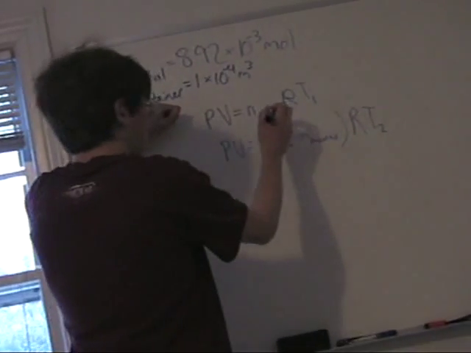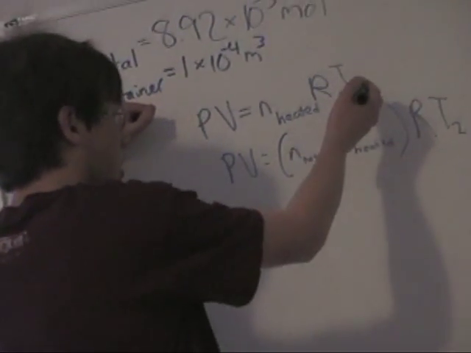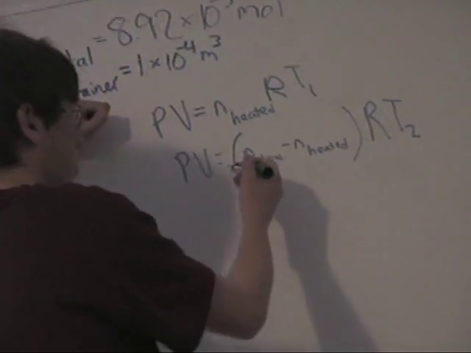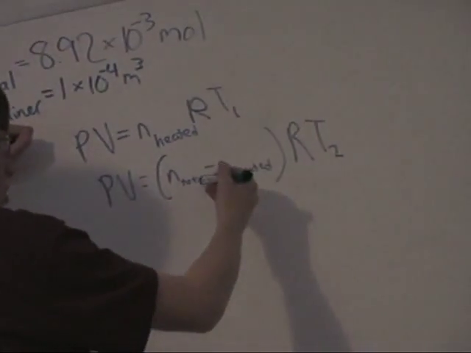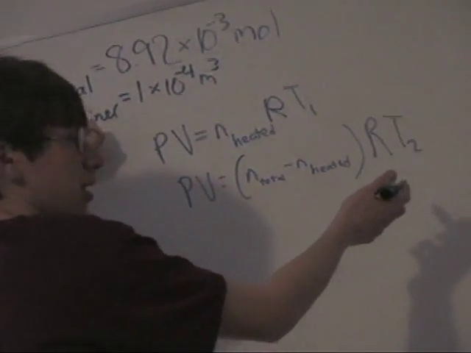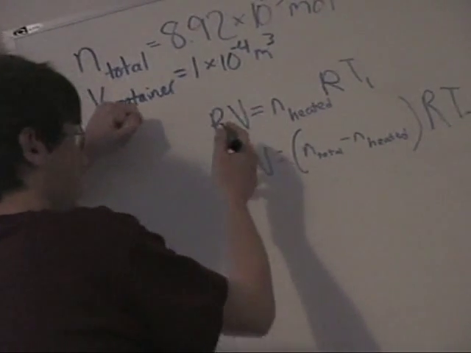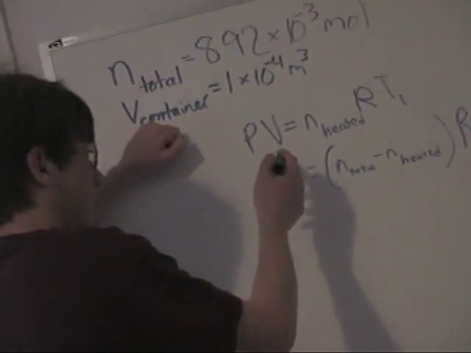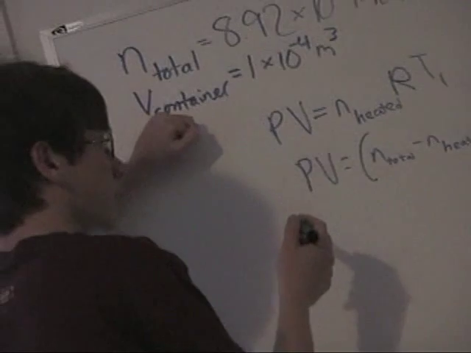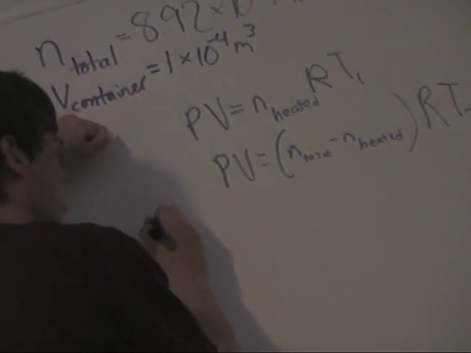Since PV equals N heated RT1, and PV equals N total minus N heated times RT2, and PV in these cases are the same because there's a common pressure and the volumes are equal, we can set these two equations equal to each other.